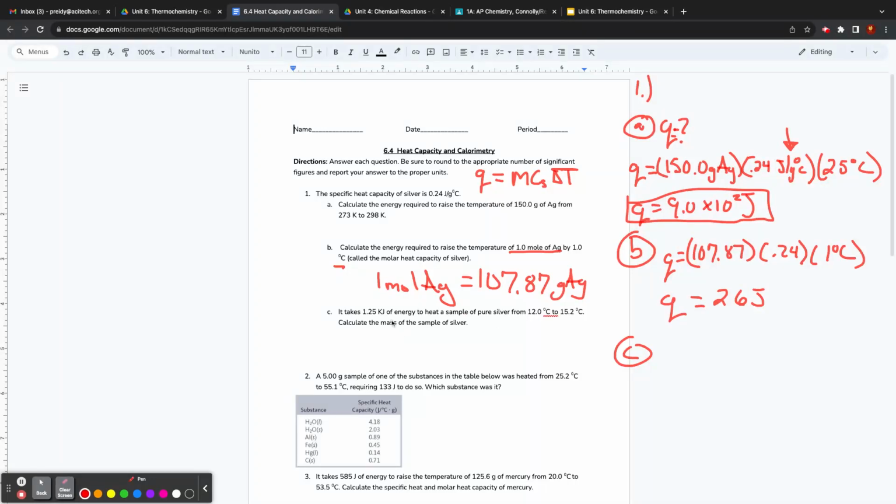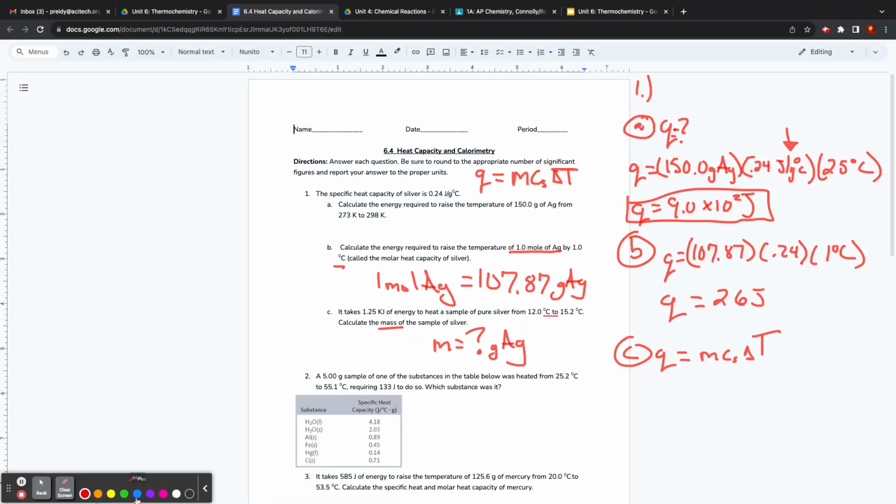C says it takes 1.25 kilojoules of energy to heat a sample of pure silver from 12 degrees Celsius to 15.2 degrees Celsius. We want to find the mass of silver. So for this question, we're looking for the mass of Ag. Q equals MC delta T here, right?